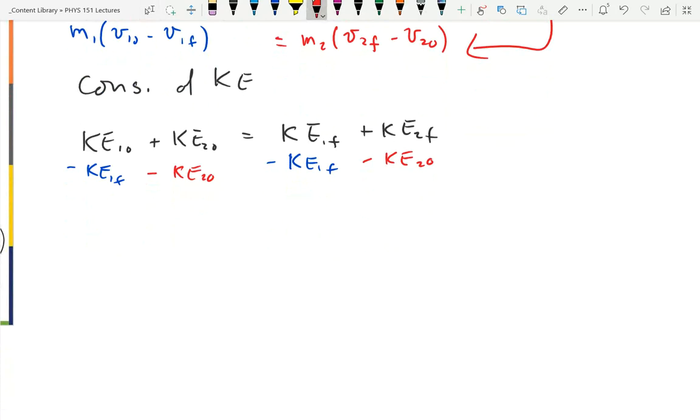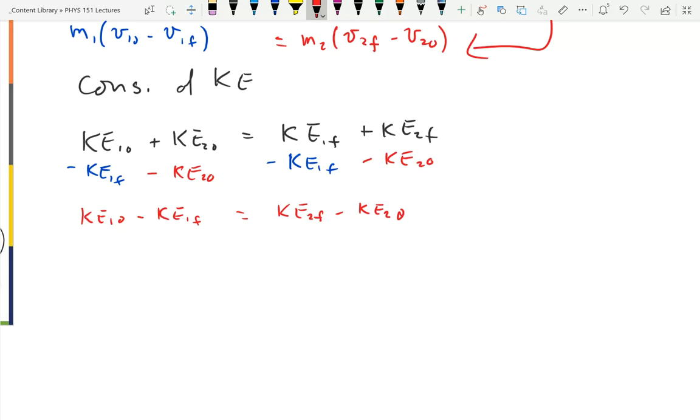So I have kinetic energy 1 initial minus kinetic energy 1 final equals kinetic energy 2 final minus kinetic energy 2 initial. And once again, I emphasize, I understand that it looks like I'm just doing more work than necessary up to this point. In 2 lines, you'll see the magic of why I'm doing it.